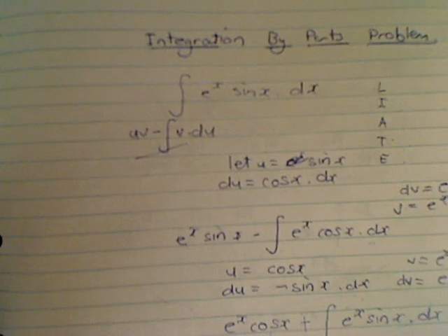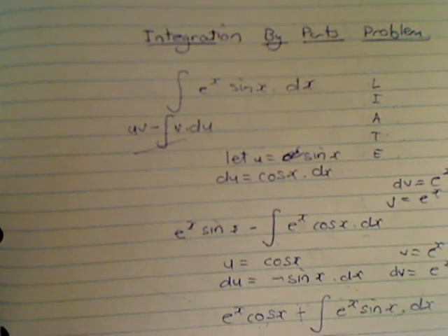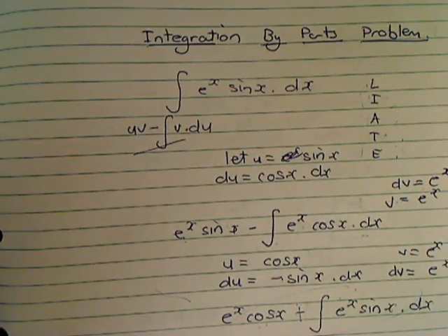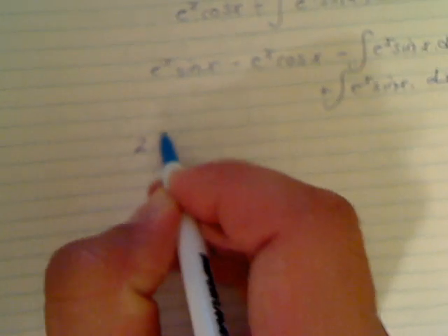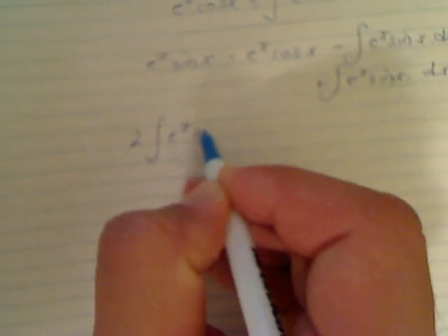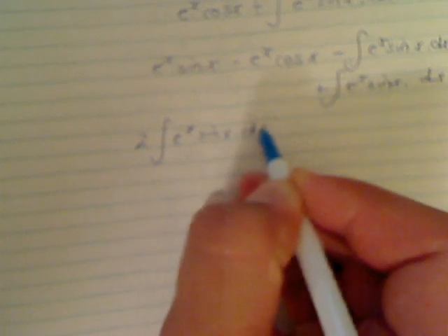That means if so far it equals that, and I add an integral of e^x sin x to this, I'm going to be left with 2 times the integral of e^x sin x, because I added another one.